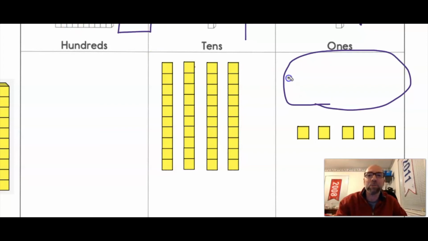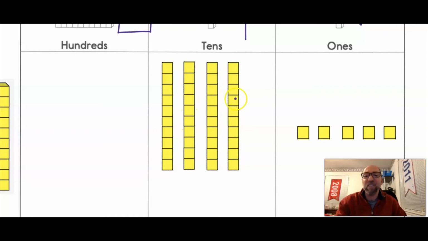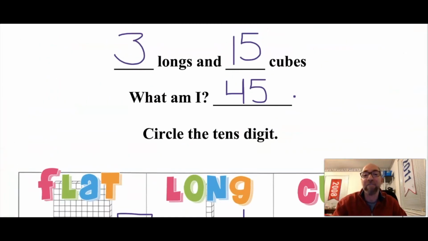Let's see how much we have now. 10, 20, 30, 40, 41, 42, 43, 44, 45. Exactly what we had. Can you circle the tens digit in the number 45?